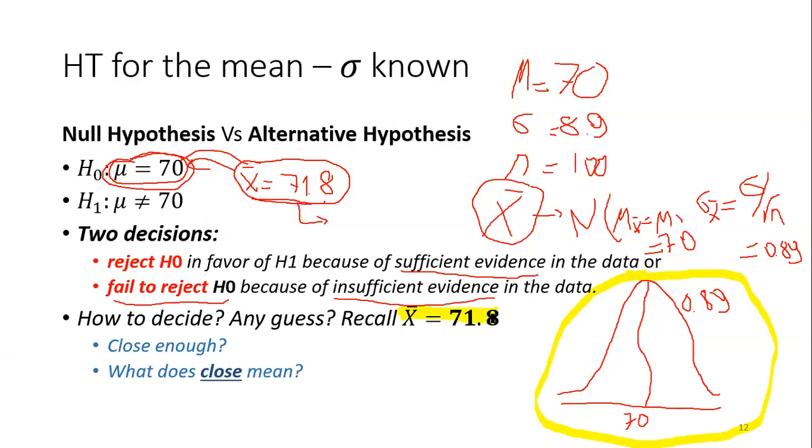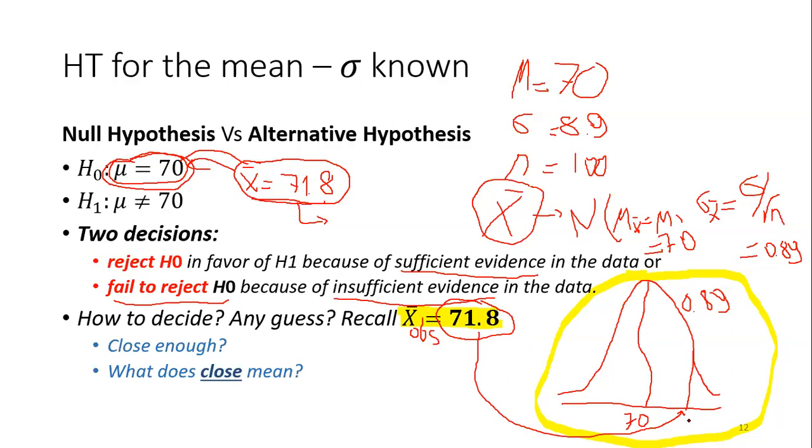This is my observed random variable. This is what we call x bar observed. You just observe that your sample's x bar is 71.8. So what we will do is put 71.8 here. It's somewhere here, right? And try to understand whether observing 71.8 has a small probability or not.